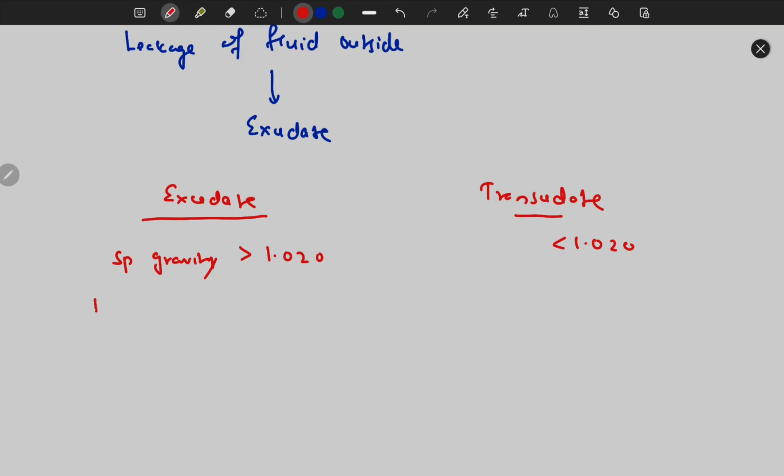Exudate is an inflammatory edema, whereas transudate is a non-inflammatory edema.